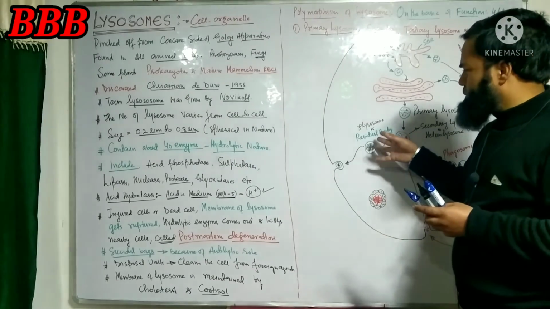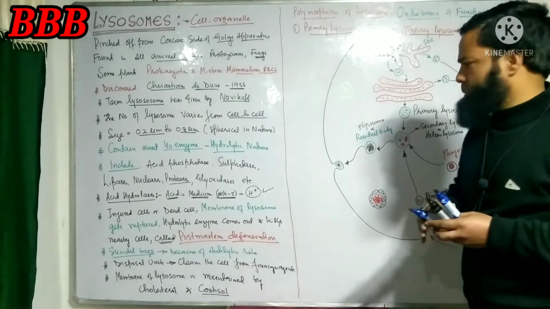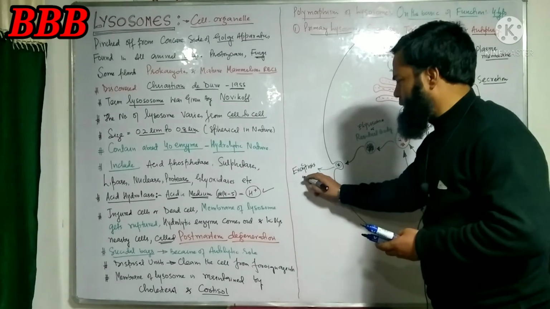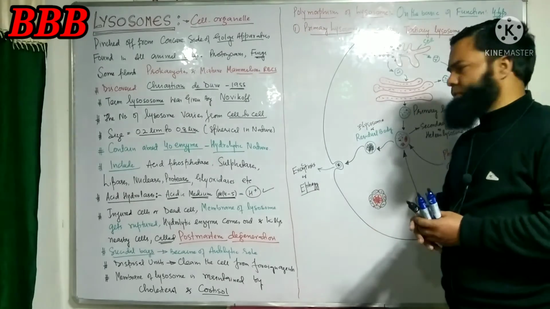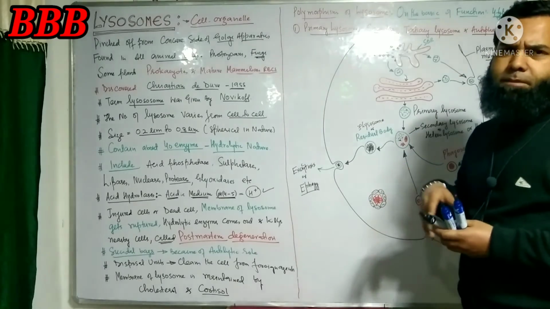Hence the residual body, or tertiary lysosome, must go outside of the cell by a process called exocytosis. It is also called ephagy. Must remember what ephagy is: the removal of waste material in the form of a residual body from the cell.